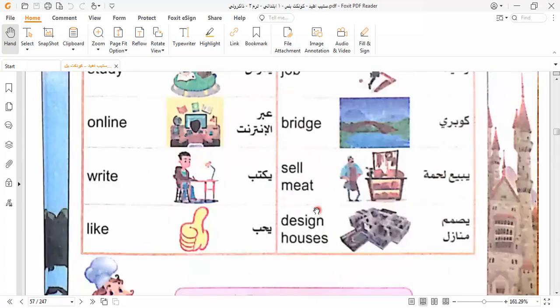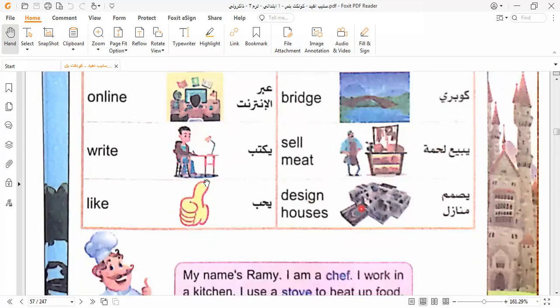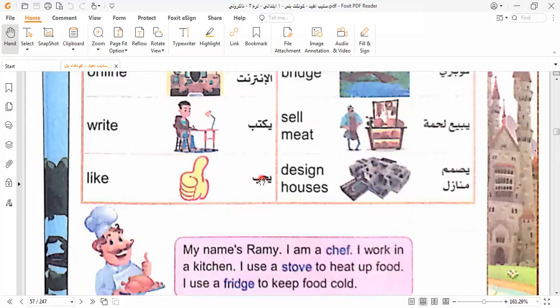If you go to Facebook or WhatsApp or anything, these are symbols used in social media. This symbol is used for like, or yes, or great.